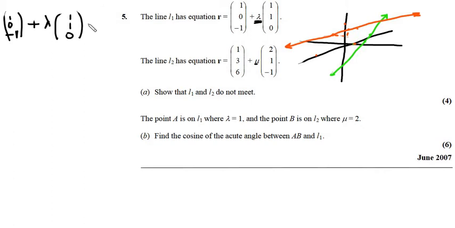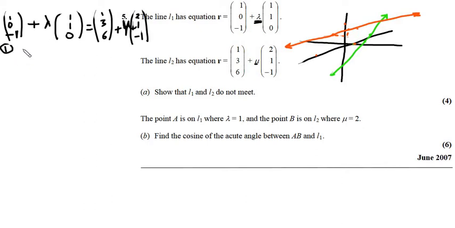And let's set that equal to this equation here, which is (1, 3, 6) plus mu times (2, 1, -1). Okay, so this gives us 3 equations.